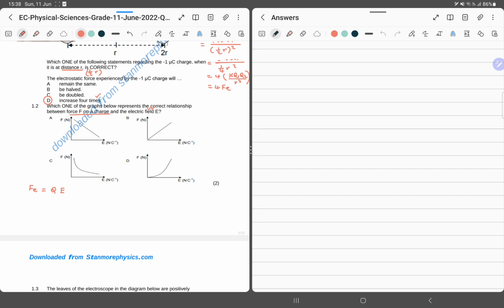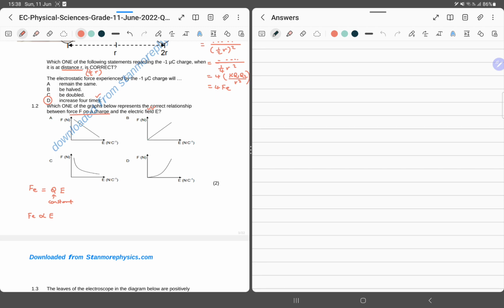Great. Now if we keep our charge constant, what happens? The electrostatic force will be directly proportional to the magnitude of the electric field.